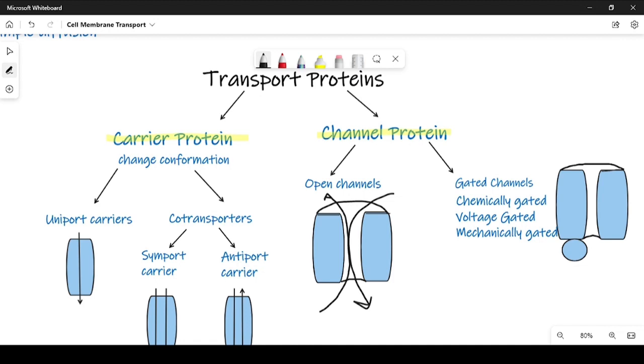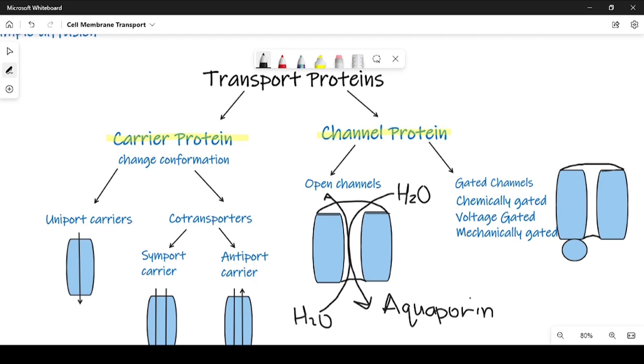For example, aquaporin is an example of an open channel. An aquaporin allows water molecules to enter and exit the cell anytime without regulation. This allows the cell and the extracellular environment to be at osmotic equilibrium.